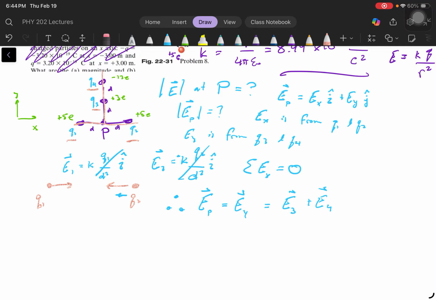Back to our trusty old diagram, we have our point P, we have Q3, and we have Q4. And so what do we get? Q3 is positive, so we expect the electric field to point down. Q4 is negative, and so its electric field points towards it, right?